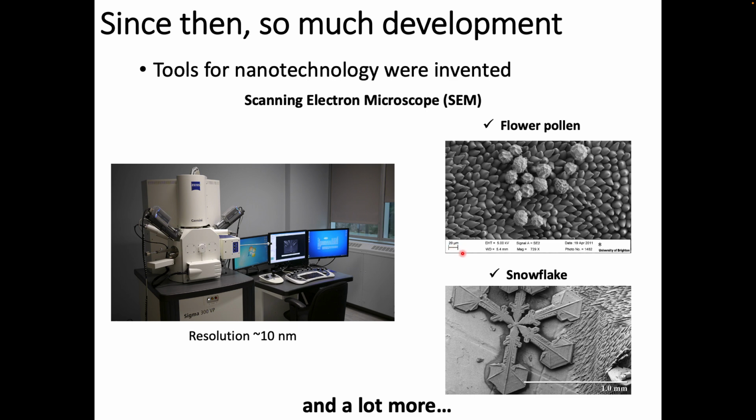You can see it with the naked eye, but with the SEM you get better resolution. And this is a snowflake, which you can also image. This one is 1 millimeter. You can easily see it with the naked eye, but with the SEM you can see the small features of this snowflake.